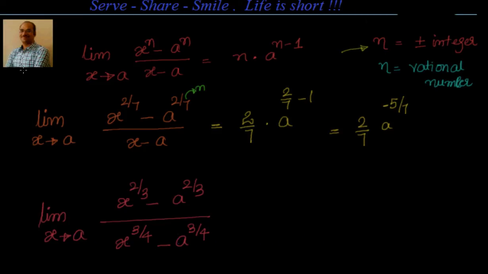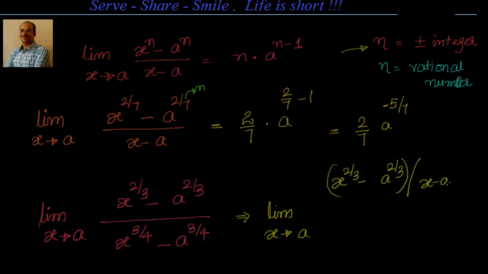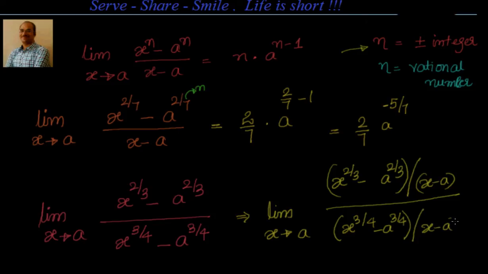So what we will do now is we will divide both numerator and denominator with x minus a. So that becomes x to the power of 2 by 3 minus a to the power of 2 by 3 divided by x minus a, divided by x to the power of 3 by 4 minus a to the power of 3 by 4 again divided by x minus a.